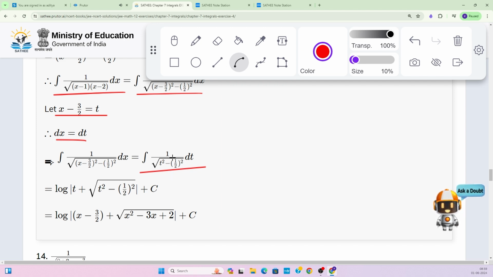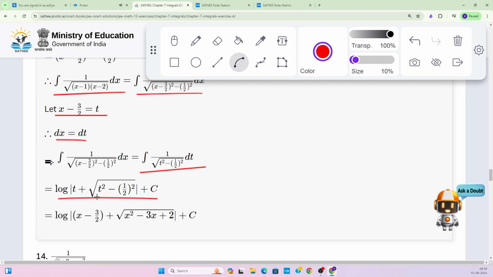And you know the direct integration for this 1 by root t square minus a square form, which is nothing but log of t plus root t square minus a square.